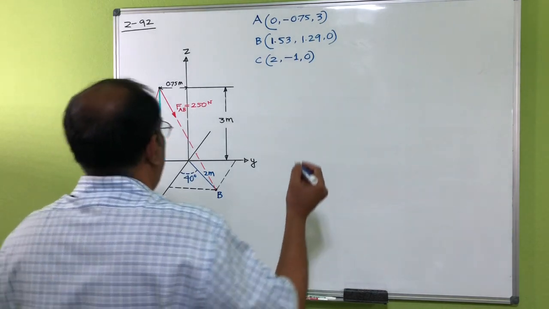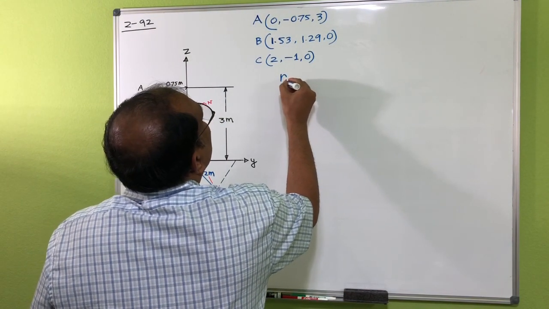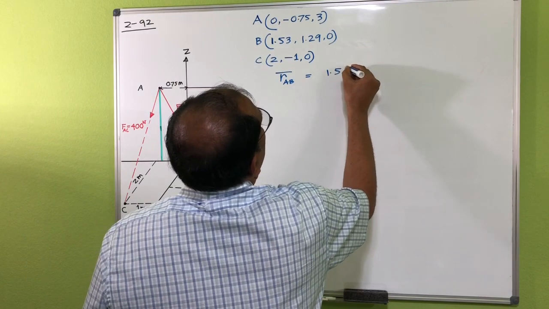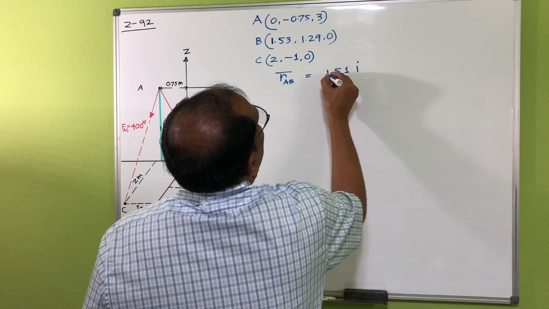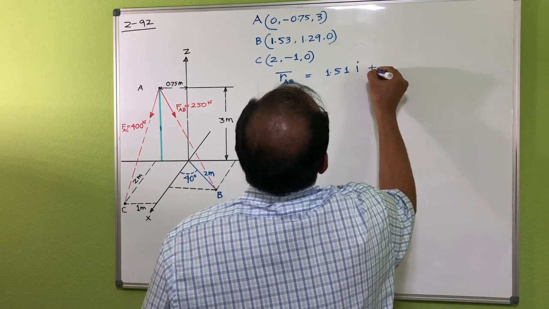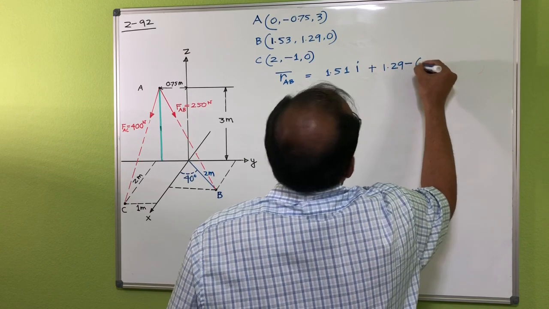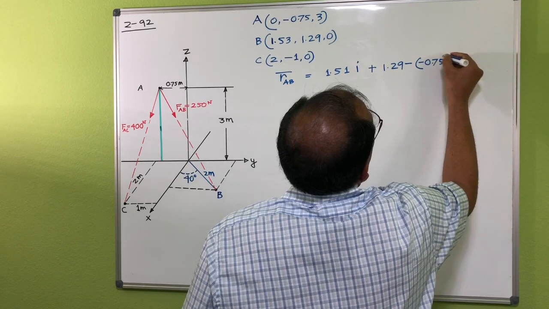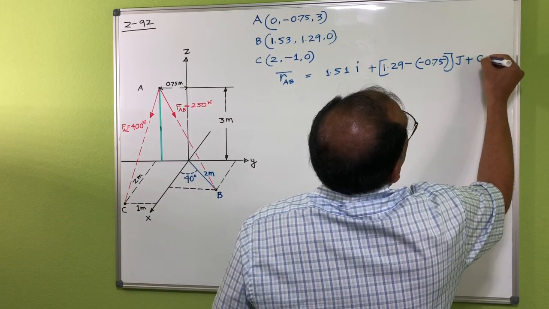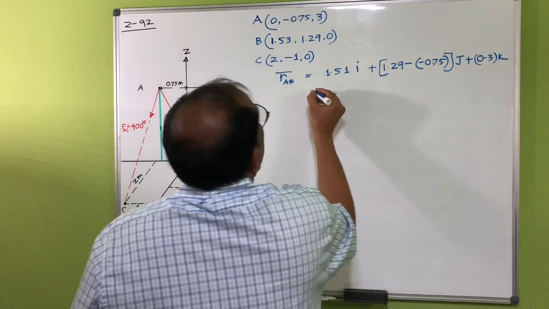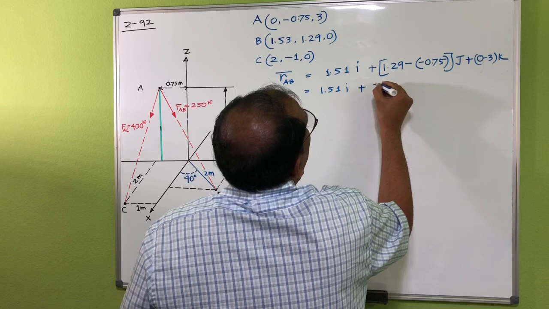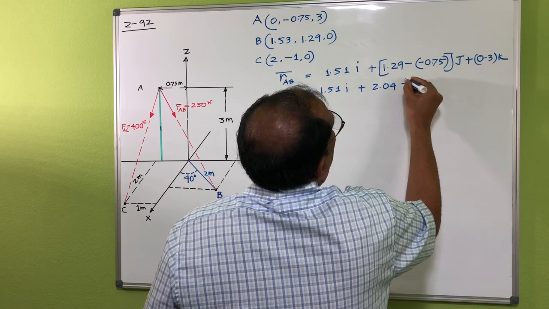So the position vector for A to B, that would be B minus A. So 1.51 minus 0 I, then 1.29 minus minus 0.75 J, and 0 minus 3K, which is basically 1.51 I plus 2.04 J minus 3K.